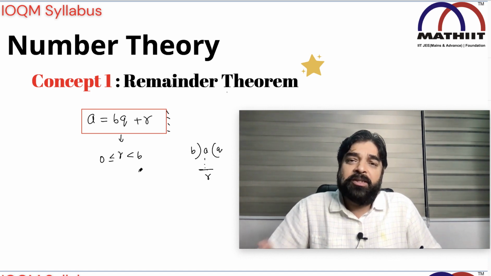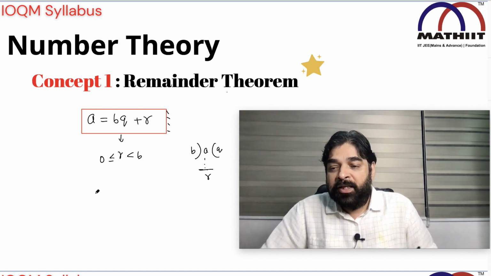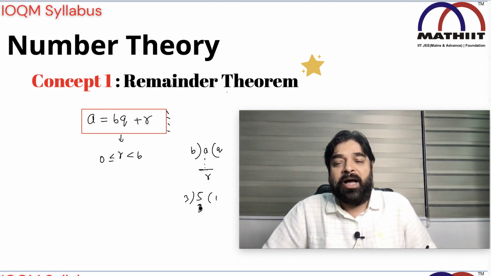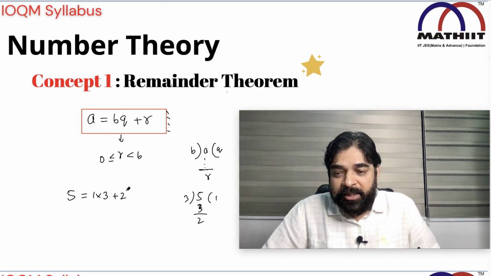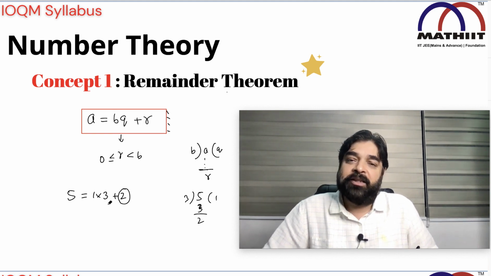Let me show you. Suppose I take 5 and divide it by 3. Of course the remainder will be 2 and the quotient will be 1. So 5 will be written as 1 into 3 plus 2. You can see the remainder is 2, which is less than 3.